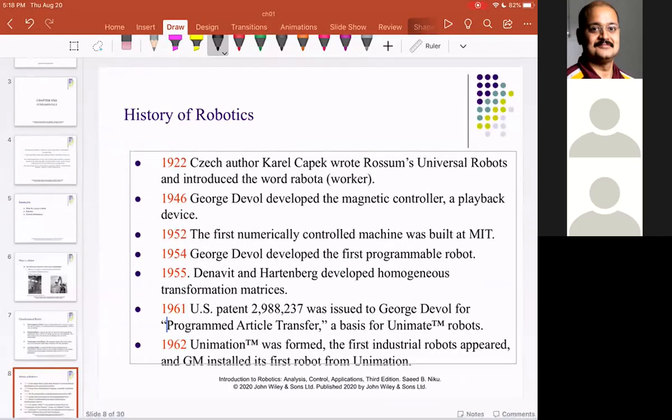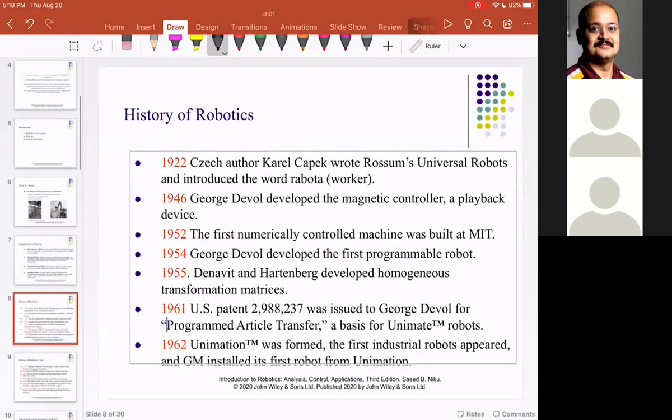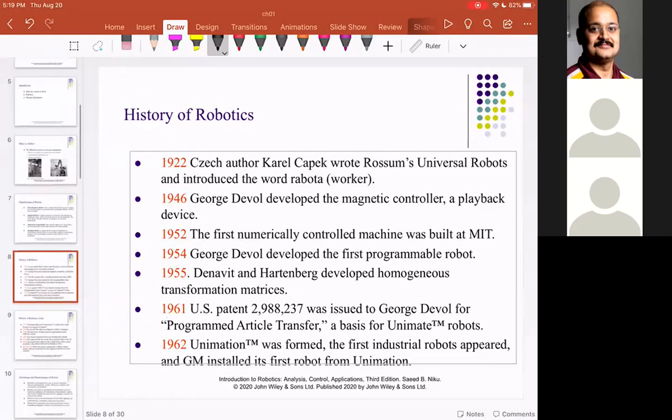And one thing I want to tell you is that the history of robotics is very fascinating, because scientists had all these ideas, but we did not have the tools to make those ideas happen. But very recently, with Industrial Revolution 4.0, the advent of AI and computer science enabled us to make all these things possible.